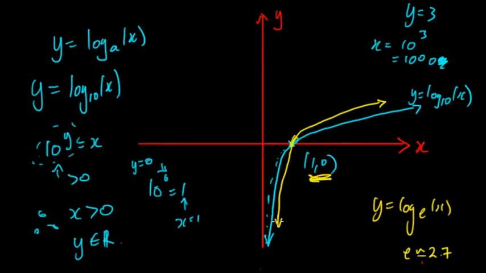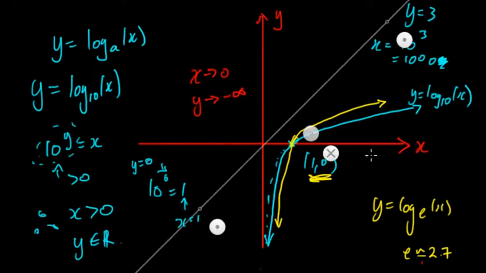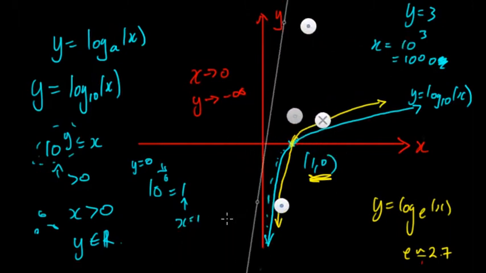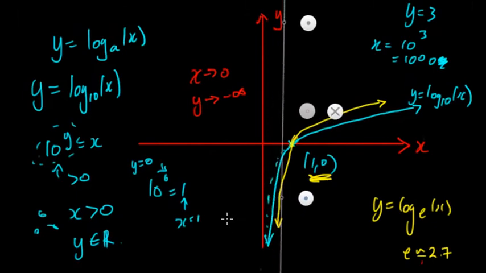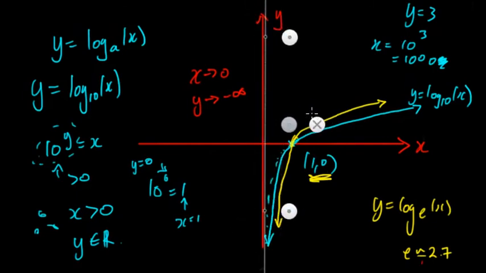As you can see down here though, the graph starts to look like it approaches a value. Up here it just keeps on going. Doesn't really approach a specific number, but here you can see that x has become smaller and smaller and smaller, and y approaches negative infinity. So when x approaches 0, then y approaches negative infinity. So along here, we're going to have an asymptote. No matter what base you're looking at for the log, you are going to have this asymptote along the y-axis here.